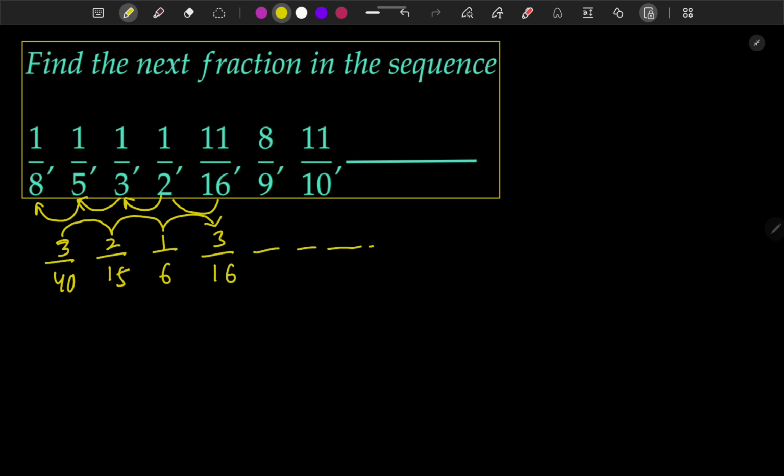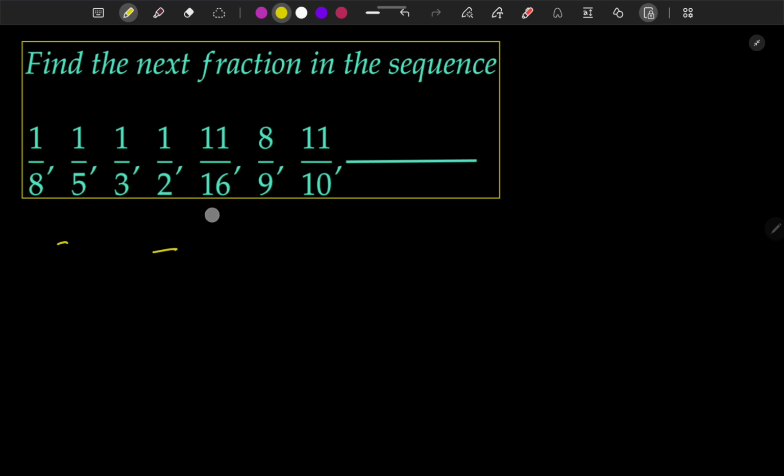Therefore, this kind of sequence has also failed. The difference is not the same and there is no sequence in the numerator and denominator. So we need to try the next pattern, otherwise the next method, which will give you the next term in this fraction.